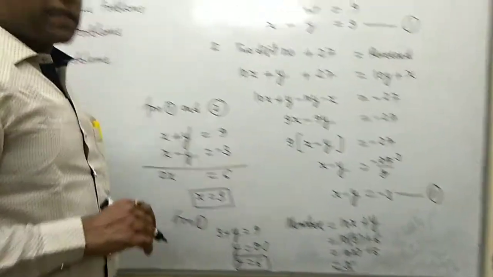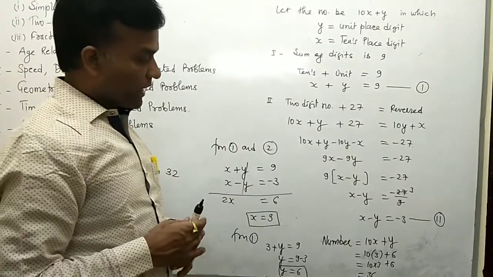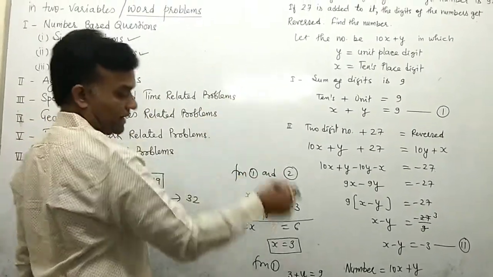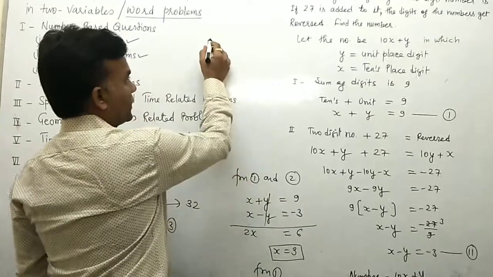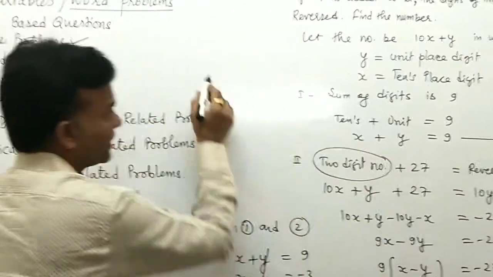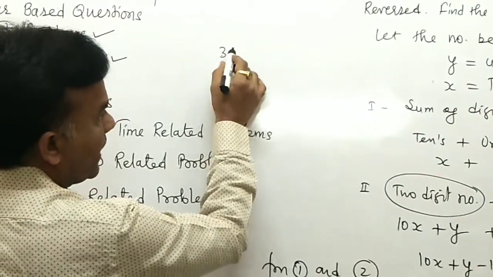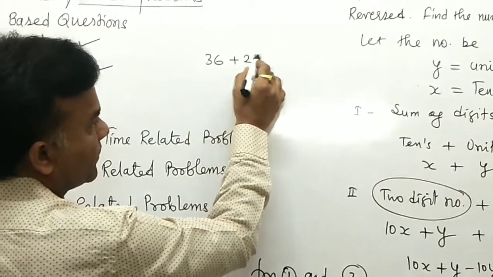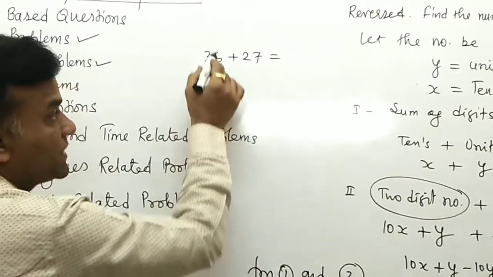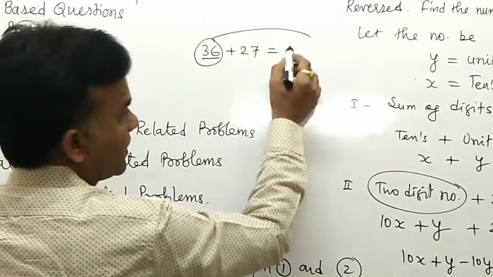Okay, so you have 36. And now you want to check whether your answer is right or wrong. You have the two-digit number 36, and now you add 27. After adding this you have 63, because the reverse of 36 is 63.